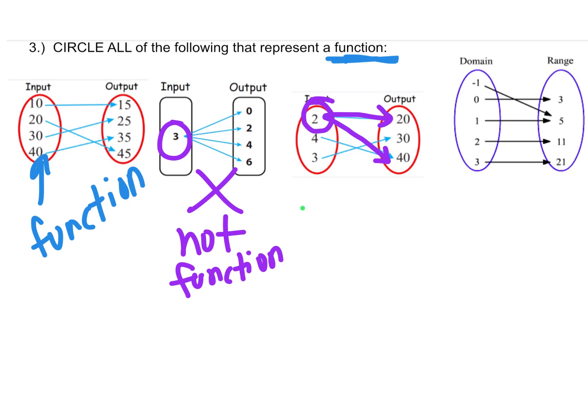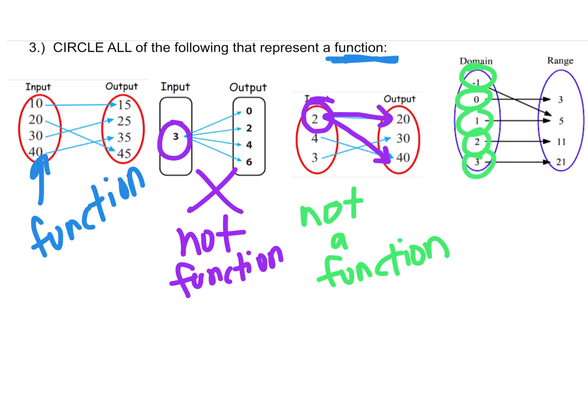So that is not a function. Every input can only have exactly one output. And then our last mapping diagram, let's see, every input has exactly one output. So that is a function.